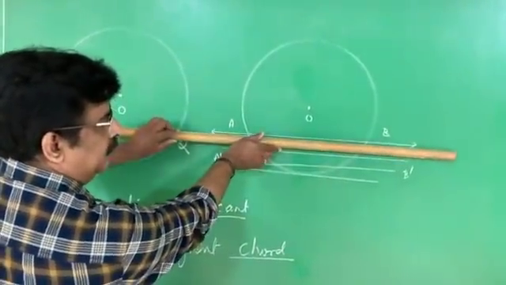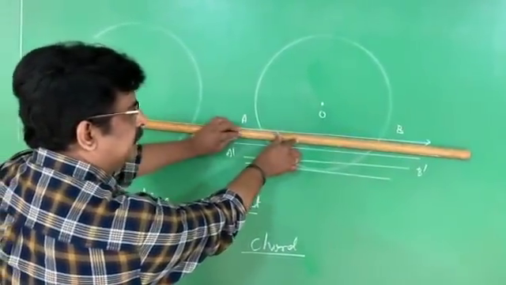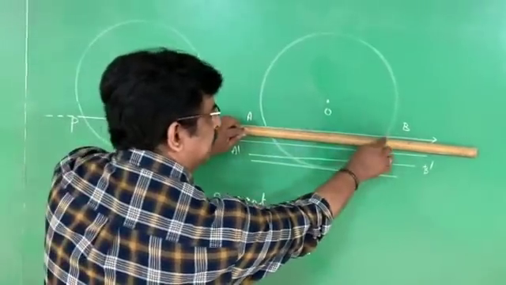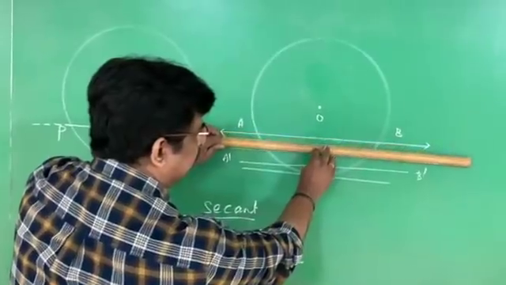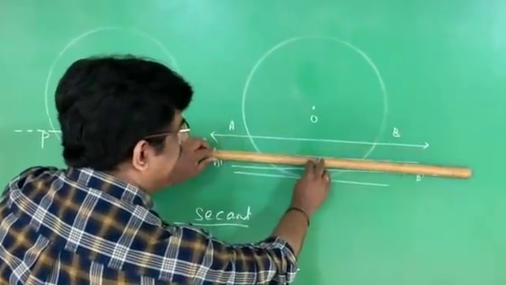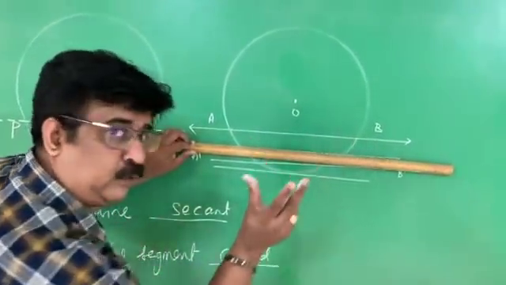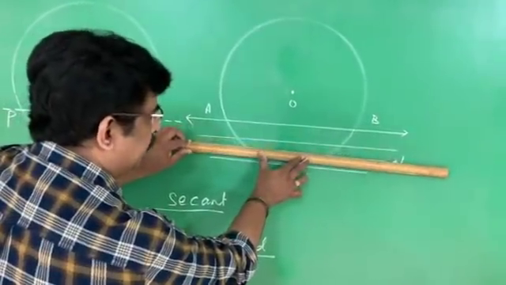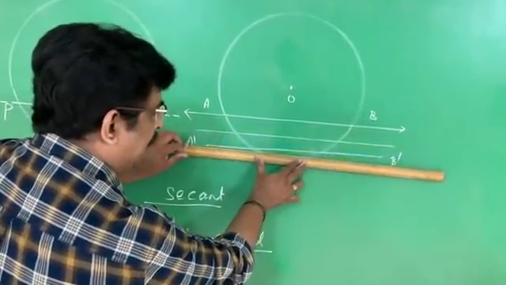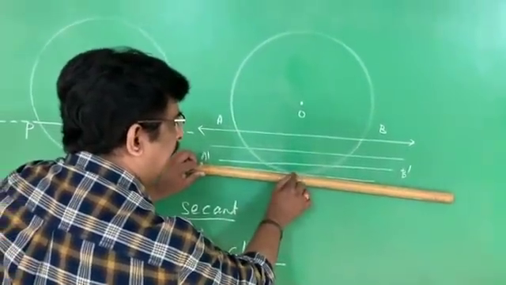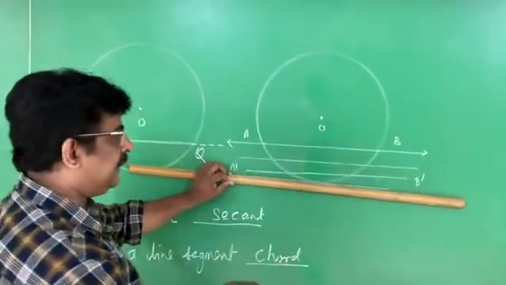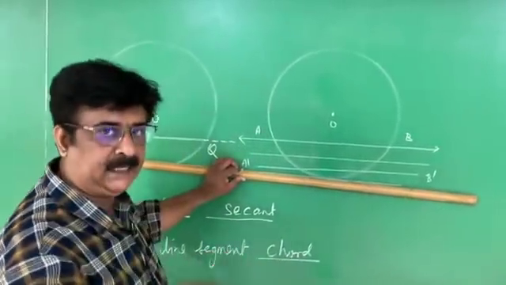Secant is a line which intersects the circle at two points. When I move the secant away from the center, these two intersecting points come closer to each other. At one particular point, both the intersecting points coincide as one point. At that time, that line becomes a tangent.